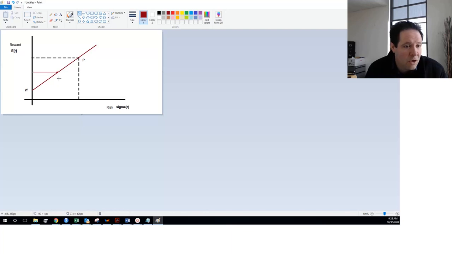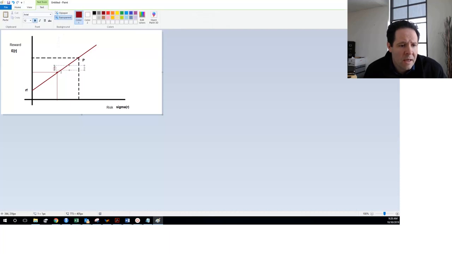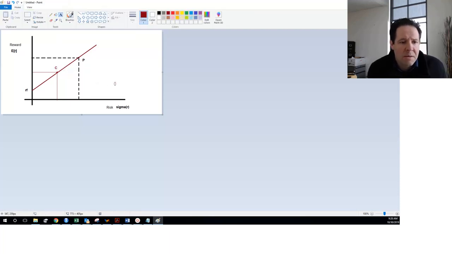That's the expected return that you can get from that portfolio of the risky and risk-free asset. And this is the standard deviation that you can expect to receive from that. We're going to label this point as point C for composite. It's a composite portfolio of the risky asset and the risk-free asset.